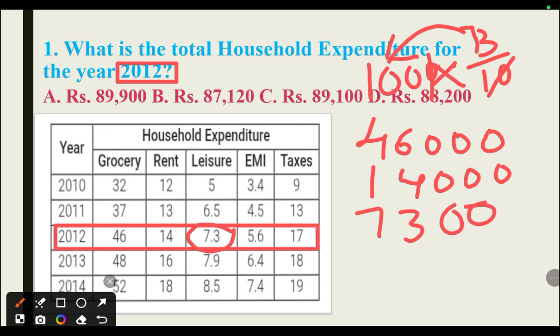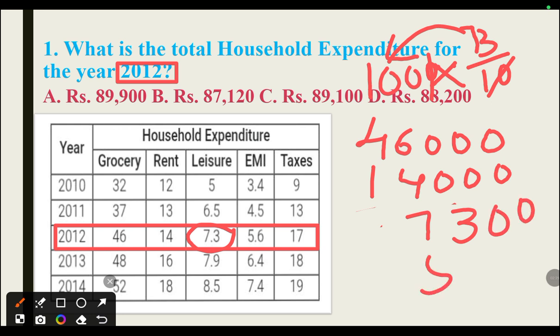7,300. So what I get here is 7,300, but I have to write this in a correct manner so that my addition would be properly suited. So I'm writing here 7,300. In a similar way, 5.6 can be written as 5,600, and 17 can be written as 17,000.